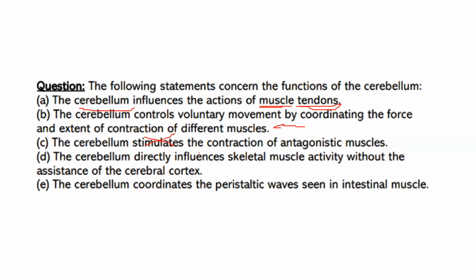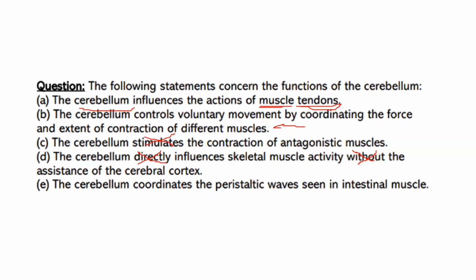D, the cerebellum directly influences skeletal muscle activity without the assistance. Okay, this one's a little bit of a giveaway, but it's also wrong since the cerebellum has the assistance of the cerebral cortex and it does things indirectly. Okay, and finally E, the cerebellum coordinates peristaltic waves to intestinal muscle.